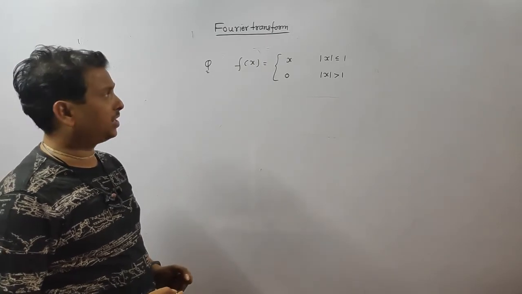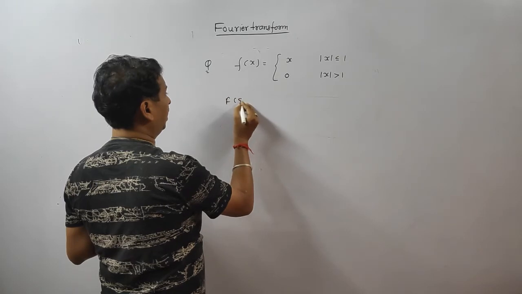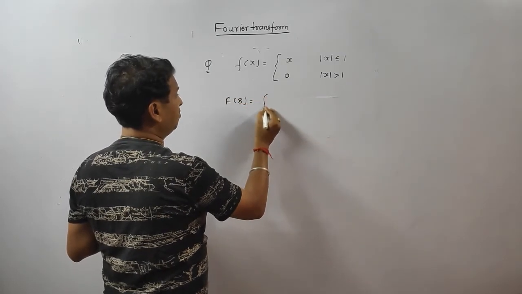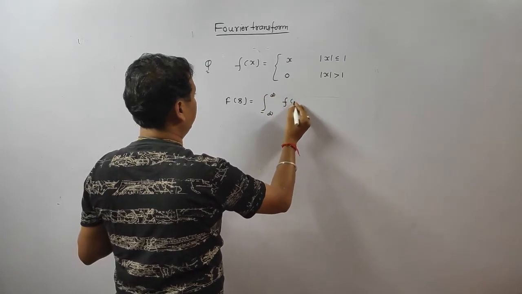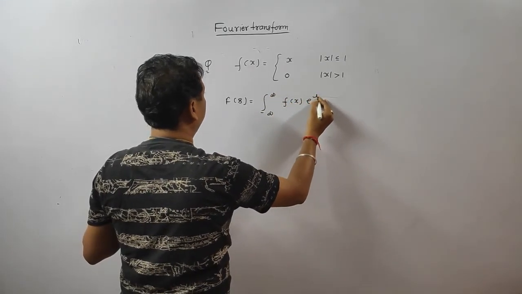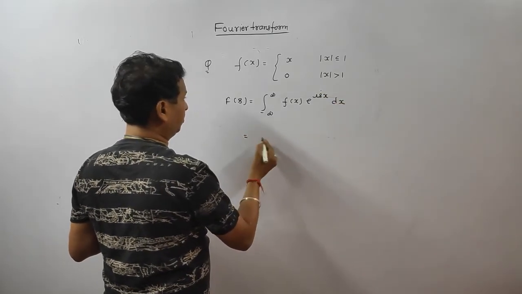So now I think you understand the methodology. It's very simple. The Fourier transform of f(x) is nothing but the integral from minus infinity to infinity of f(x) e to the power iota sx dx. Just put the values.